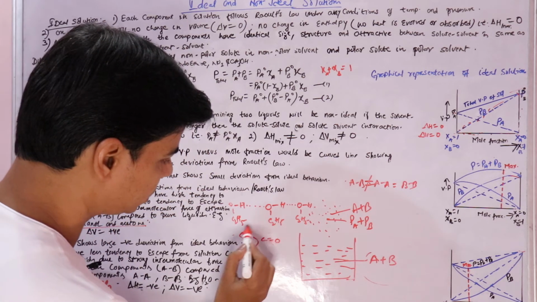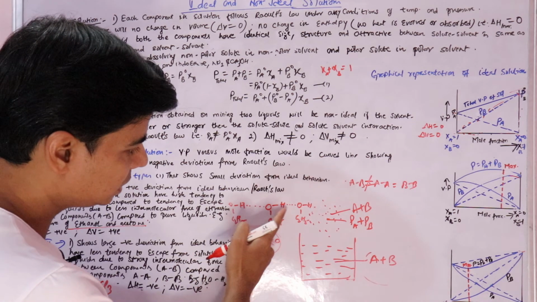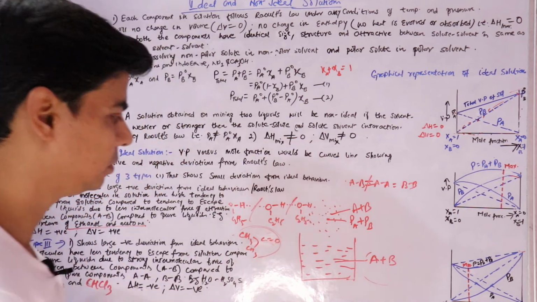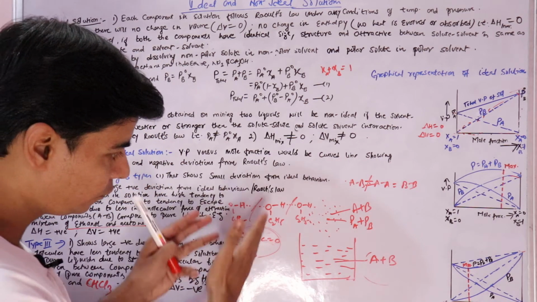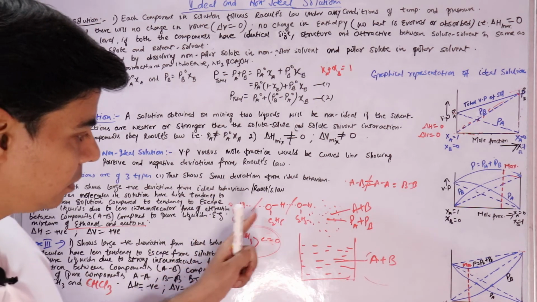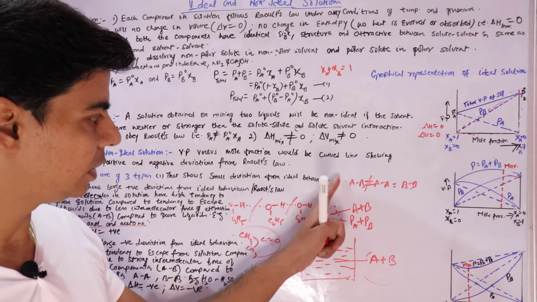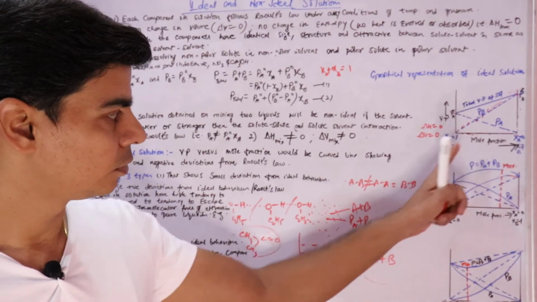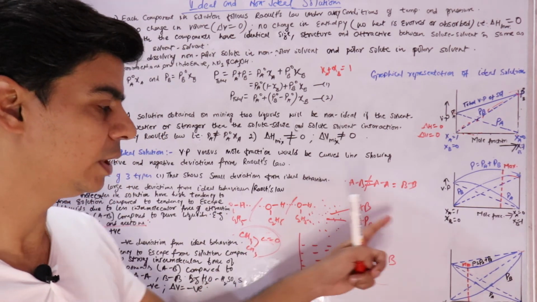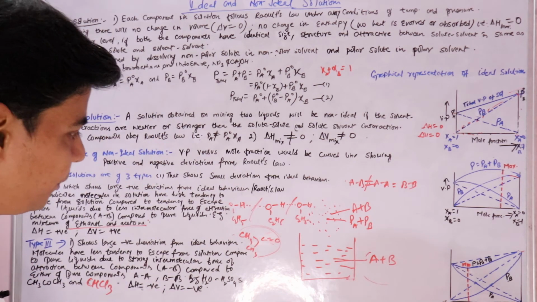So when you introduce acetone in ethanol, it will interfere with these hydrogen bonds of ethanol. It will cancel these hydrogen bonds, resulting in weaker interaction between these ethanol molecules. So that is why we say that the interaction in case of positive deviation is less as compared to the ideal solutions.